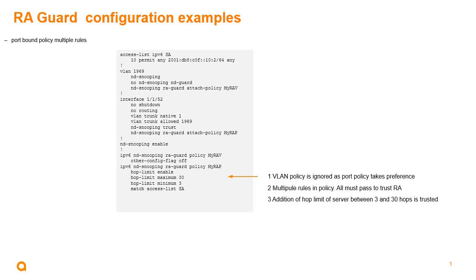All rules in the policy must pass to be able to allow the RA to be trusted and go through to the hosts. In this example, I've added a hop limit of the server, which the server must be between 3 and 30 hops to be trusted, as well as having the source address we defined earlier.